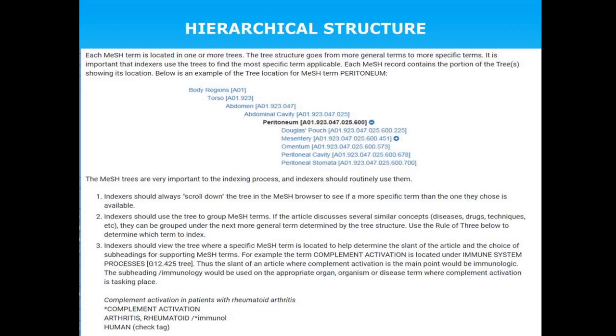Immunol is given in short because that is called the indexing abbreviation. We will see what the indexing abbreviation is while discussing qualifiers. When you analyze the article, they are talking about human subjects, so automatically human becomes a check tag. This is how you analyze complex subjects with the help of the MeSH tree, a hierarchical structure.